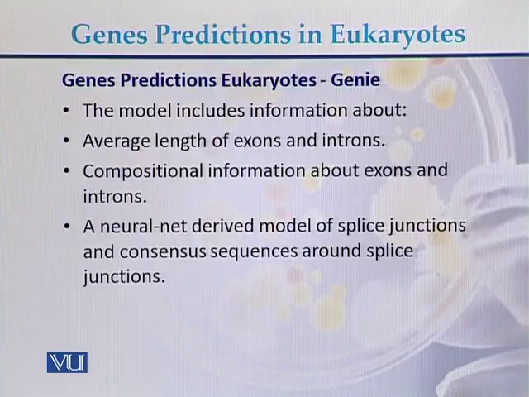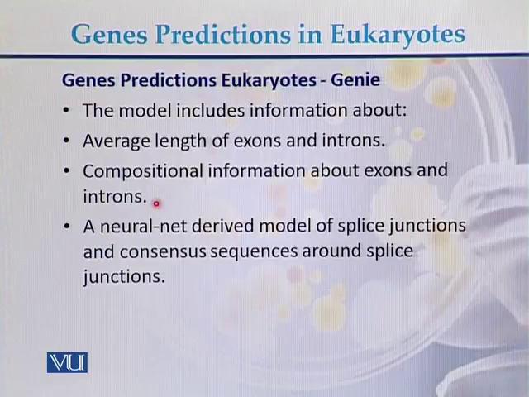Gene prediction tool, that is Genie. The model includes information about the average length of exons and introns and compositional information about exons and introns.